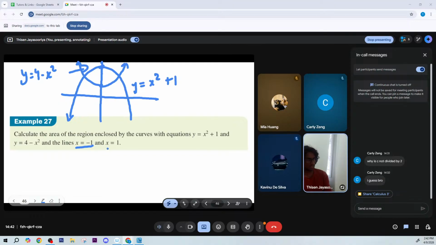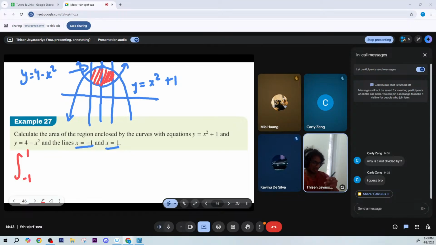That's between x equals negative 1 and 1, so it also needs to be between this and this. Here, we're ultimately trying to find this shaded area. So I'll write out the first part: negative 1 to 1.